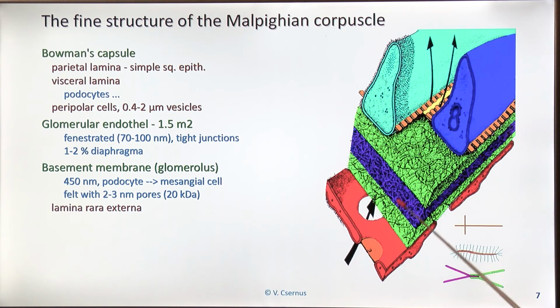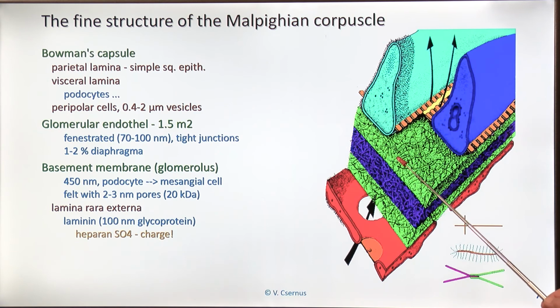This has 3 laminas. We have the external one, the lamina rara externa, which is made of laminin. It's a kind of glycoprotein. You know what glycoprotein is, and it's very acidic, has a lot of sulfate groups.